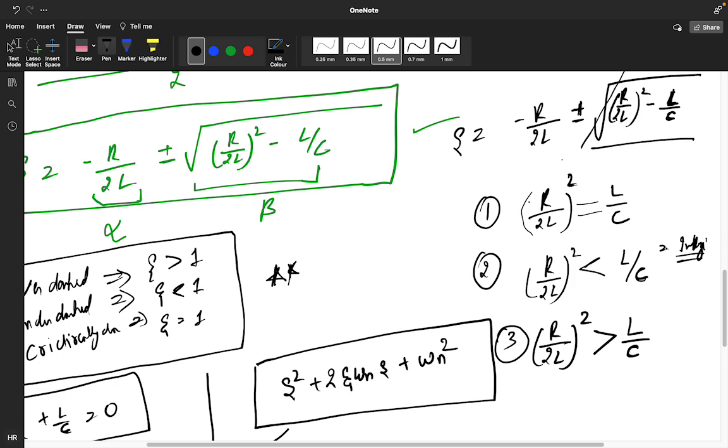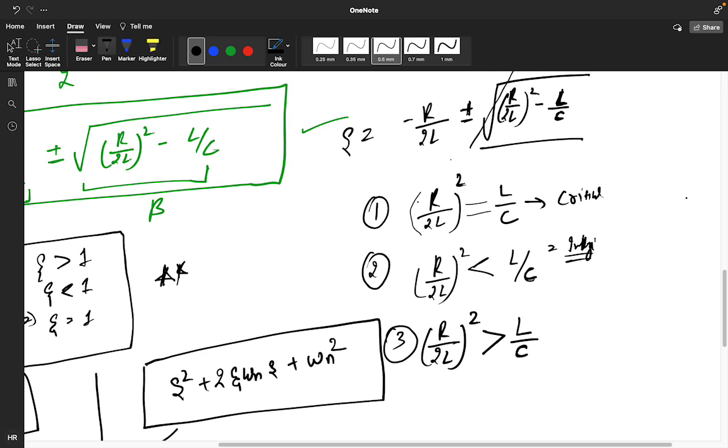So guys, when this parameter is equal, this is known as critical damped. When you get the imaginary function, then it will be underdamped.